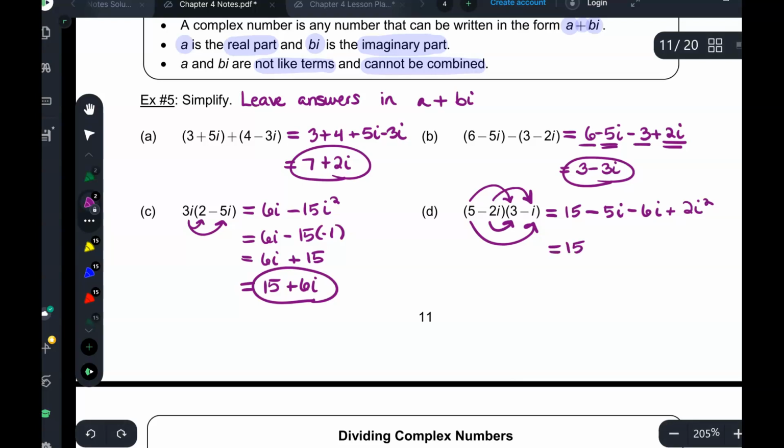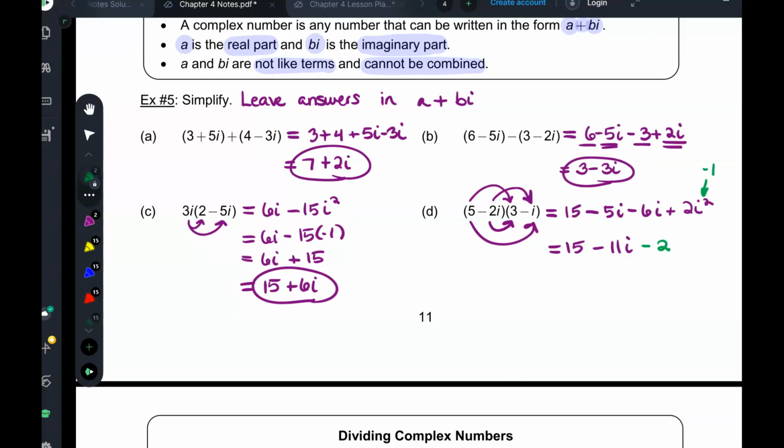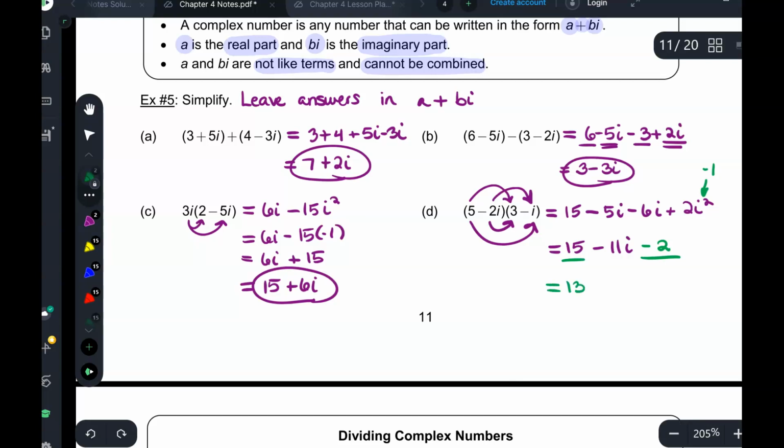I can combine the middle two terms. That's going to be minus 11i. And then remember, what is i squared equivalent to? It's equivalent to negative 1. So that would actually make that into a minus 2, right? 2 times negative 1 would make that a minus 2. And then I can just combine that with that first term. So that's going to give me 13 minus 11i. Make sure that I do have it in the proper form. It's the real part and then the imaginary part.